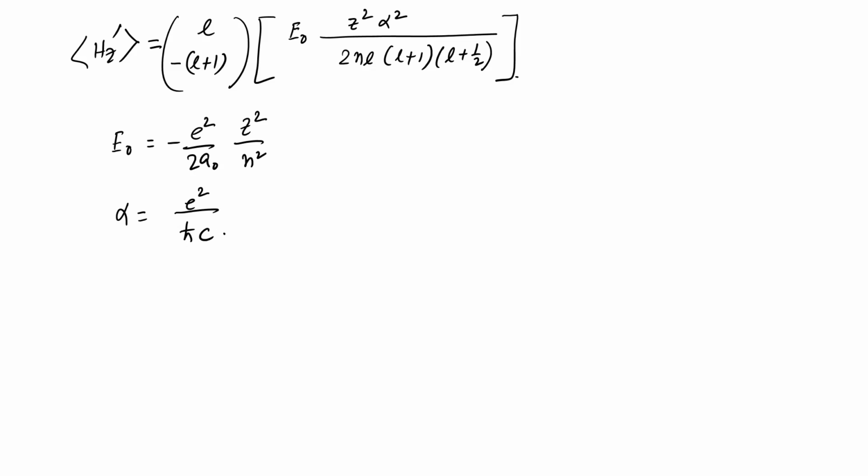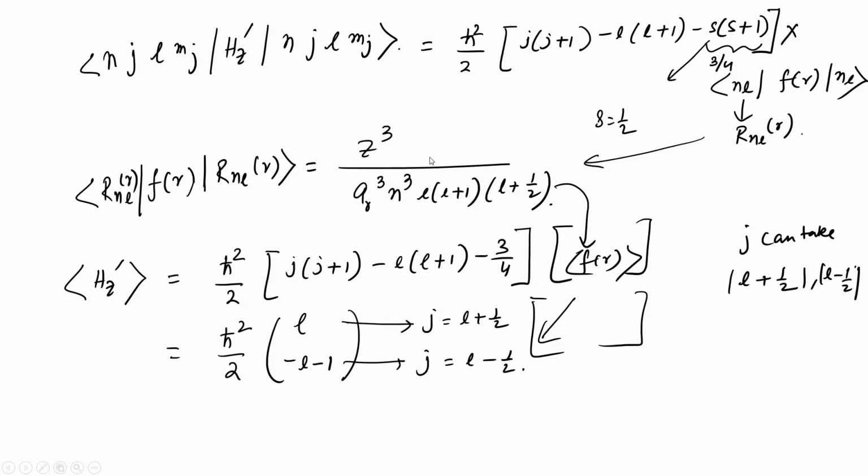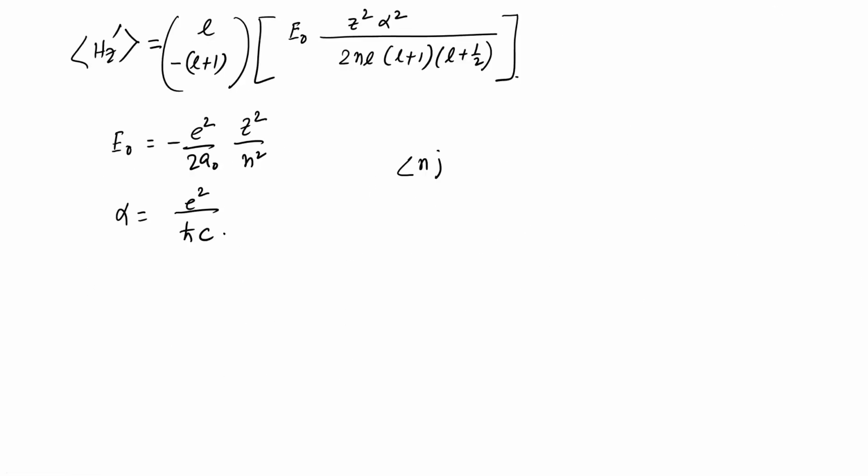So, this is nothing but the expectation value between n, j, l and m_j, that is, n, j, l, m_j, H_Z prime, n, j, l, m_j.